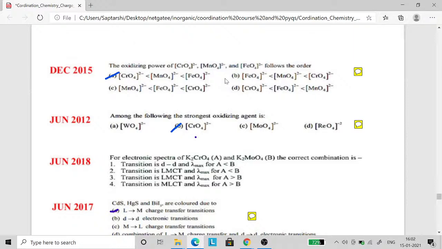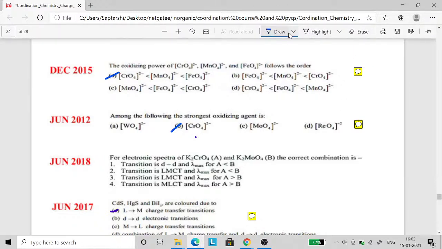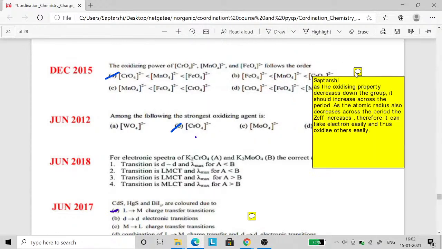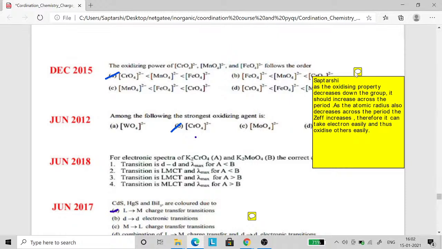Okay, the same thing we have discussed, and now actually we have a reason written over here. So we will see the answer to this question. As the oxidizing property decreases down the group, it should increase across the period. As the atomic radius also decreases across the period, Zeff increases.